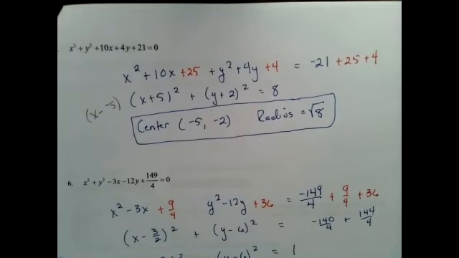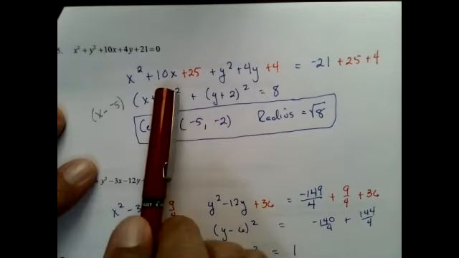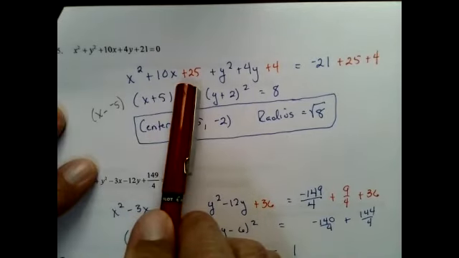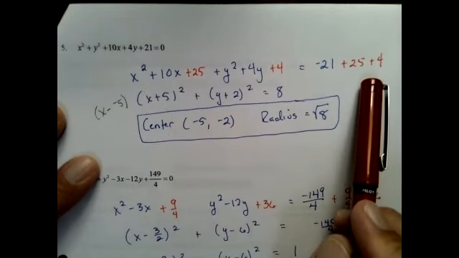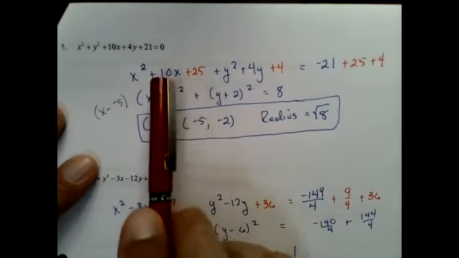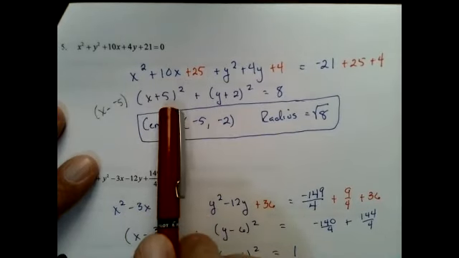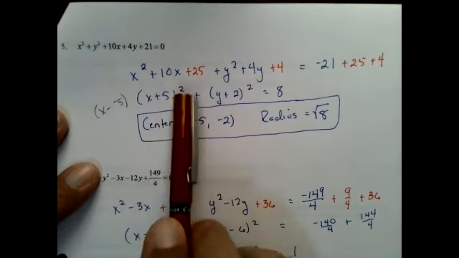I hope you got into some conversation in the breakout rooms. And let's see. I did a half it and square it. I added 25. A half it and square it. I added 4. Now, remember, this is going to become x plus 5 squared.